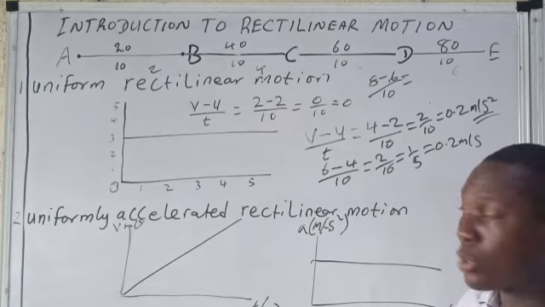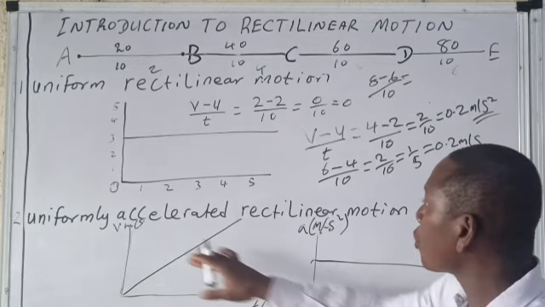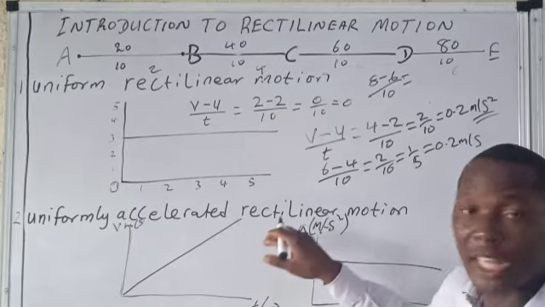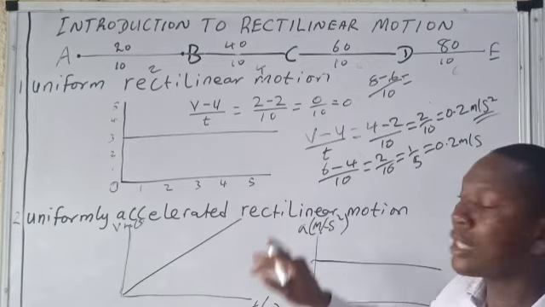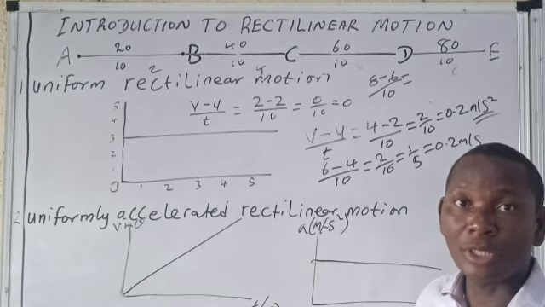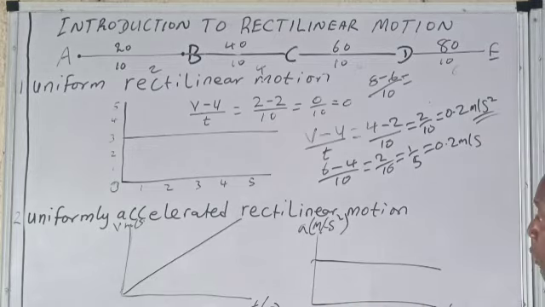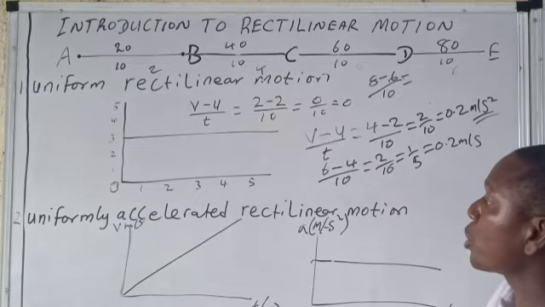It remains constant. So the velocity-time graph for uniformly accelerated rectilinear motion is this straight line you see here. Velocity is increasing at a regular time interval. All right. As for the acceleration-time graph, as you can see from this place, acceleration is actually constant.